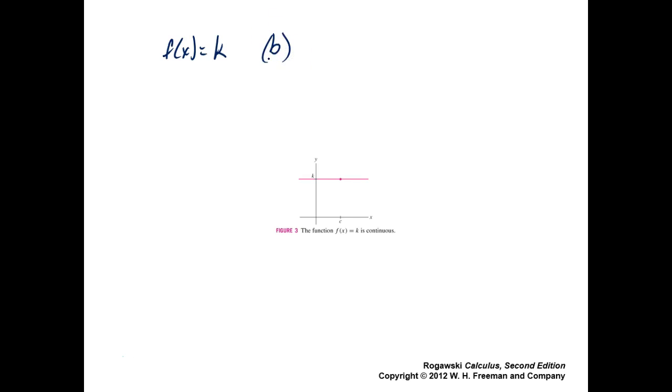The b is g of x is equal to x to the n, where n is a whole number. Now, just to make sure everybody understands, what do we mean by whole numbers? What does the set of whole numbers include?